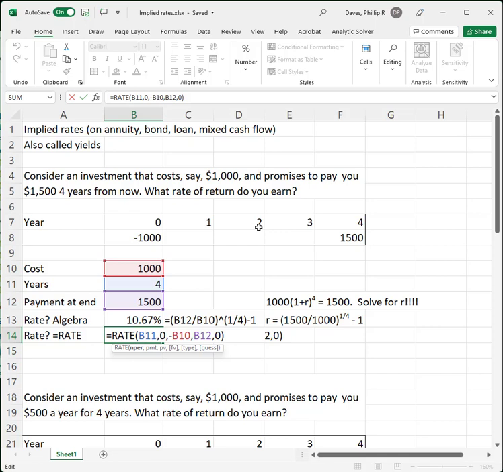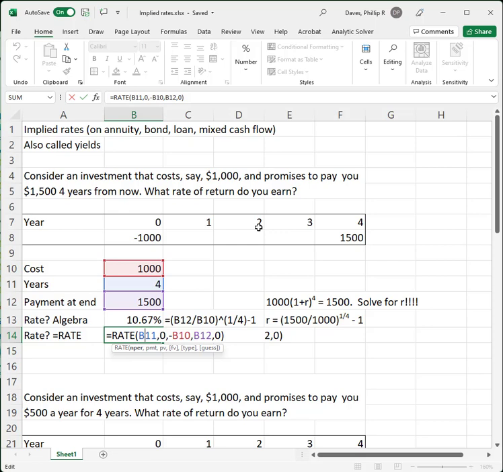And for most normal types of problems, that's perfectly fine. But if you have an investment that has a huge negative rate of return, I don't know, negative 150% or something weird like that, or a really, really huge positive rate of return, 1,000,000%, then it may have trouble finding the answer starting at 10%.